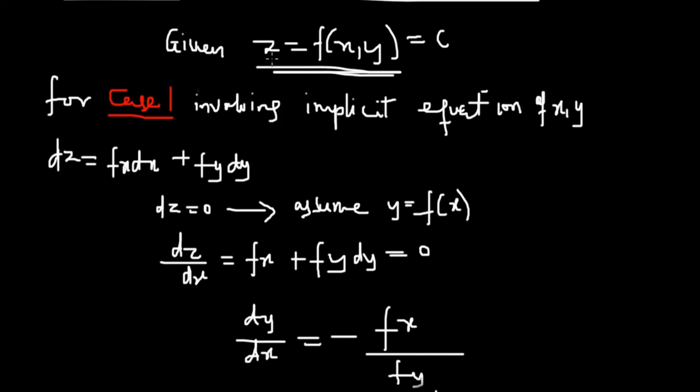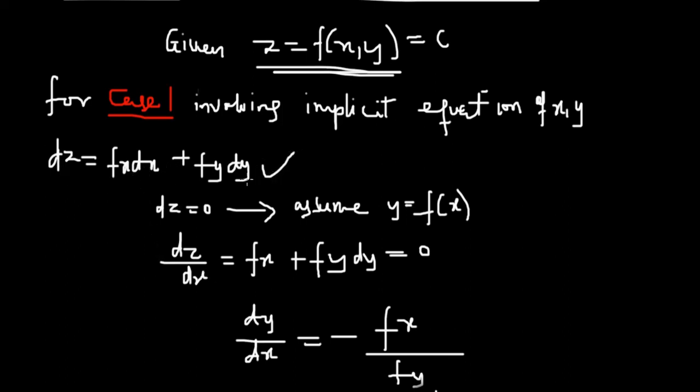From here, when you differentiate dz with respect to x and y, dz is equal to f of x dx plus f of y dy. Then when you assume y as a function of x, you end up with dz dx. All we are doing is making dz dx the subject of this expression.